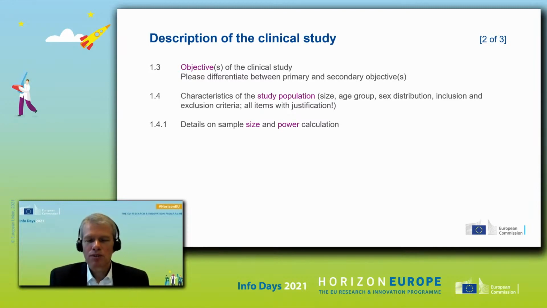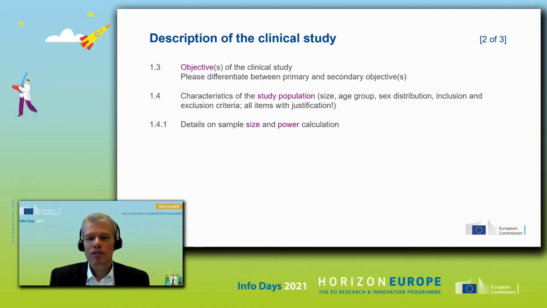Then moving on to the characterization of the study population, we'd like some details about the size of the study population, what age group you are targeting, sex distribution, inclusion and exclusion criteria. So it's very important how relevant the collected information will be, and how generalizable the clinical study will be.